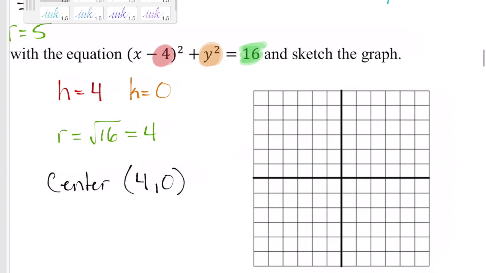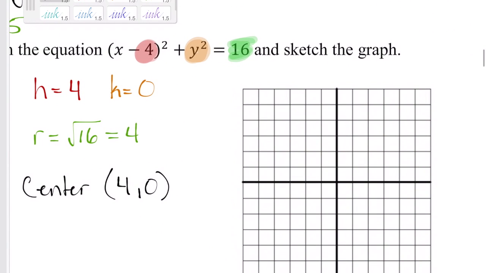So whatever's with the x goes in the x place, whatever's with the y goes in the y's place. I'm going to start graphing that. So there's my center at 4, 0. From that center, my radius is 4, so I'm going 1, 2, 3, 4 in every direction.